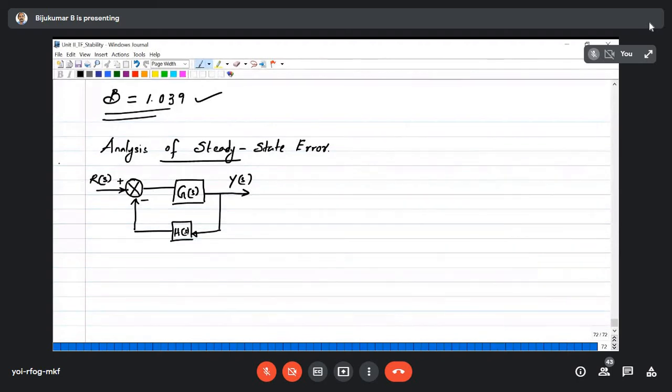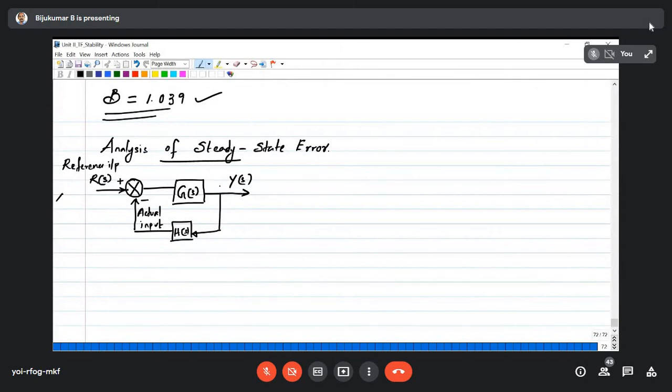This is the reference input. Whatever we are feeding back to the system, we can call it the actual input, right? Suppose I want to control the speed of a DC motor, so let it be 1500 RPM as the reference input.